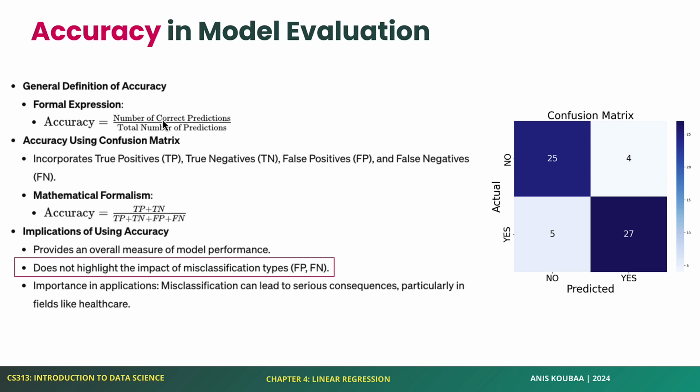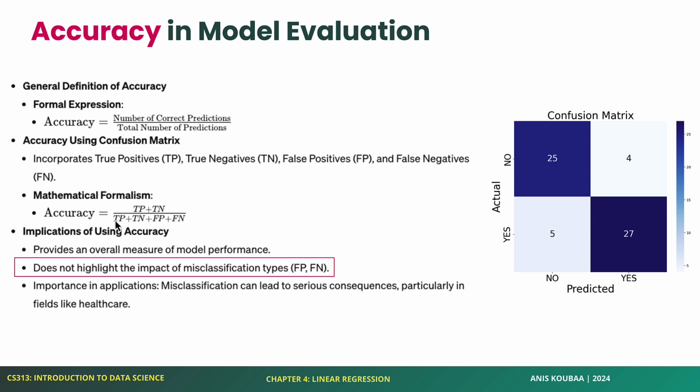This is the number of correct predictions. So that's one perspective in the evaluation of the model. It provides an overall measure of the model performance. However, what's the drawback here? It doesn't highlight any impact of the misclassification. Look, I don't have any misclassification here.